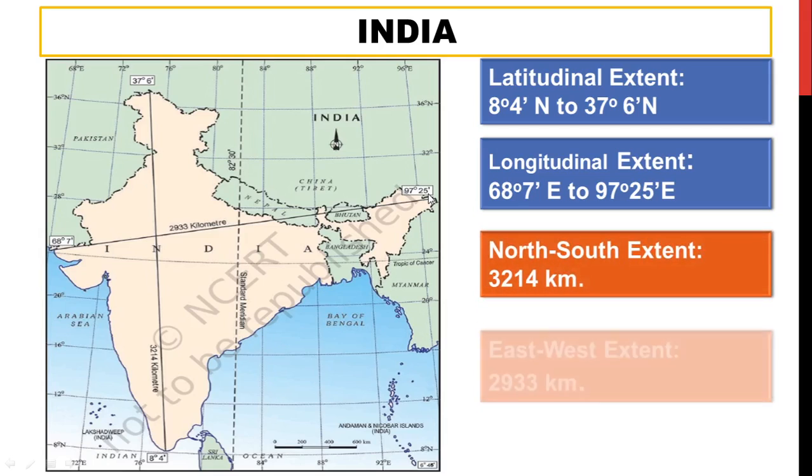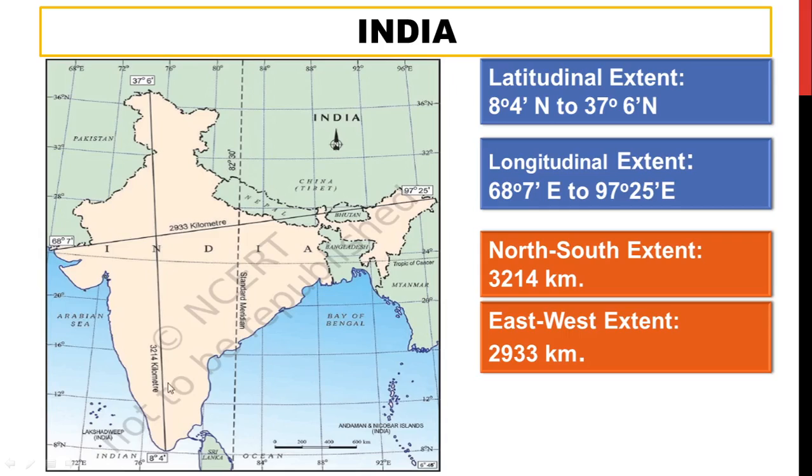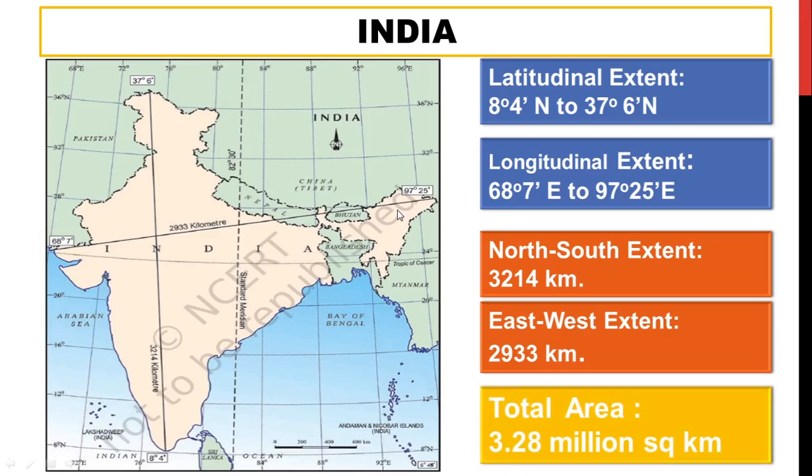North-south extent in kilometer, 3,214 km from Jammu Kashmir to Kanyakumari. East-west extent, 2,933 km from Gujarat to Arunachal Pradesh. Total area 3.28 million square kilometer.